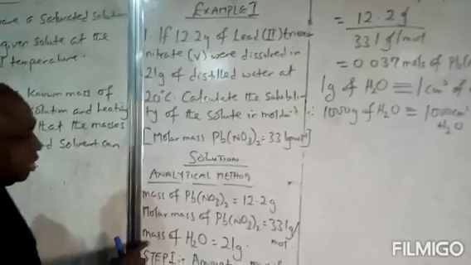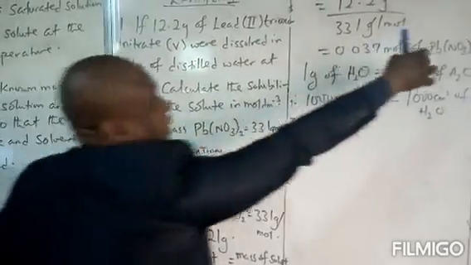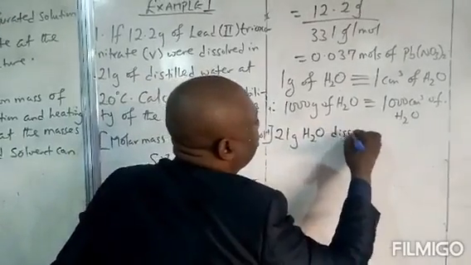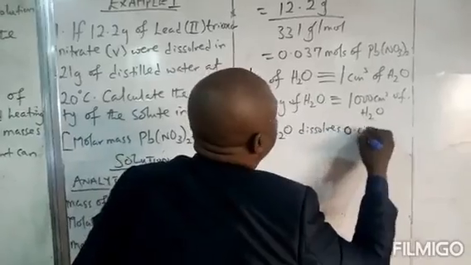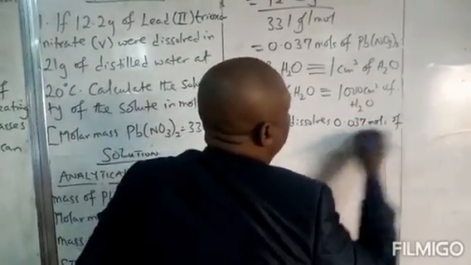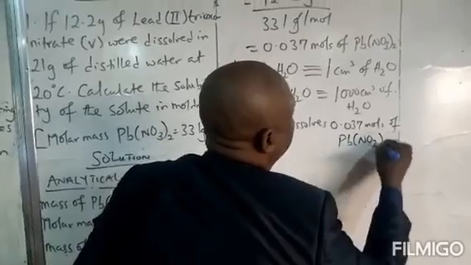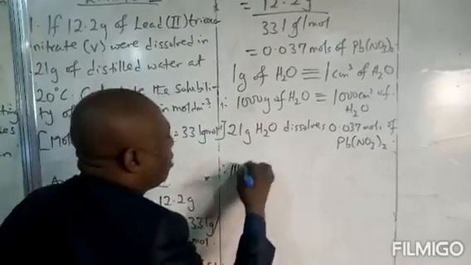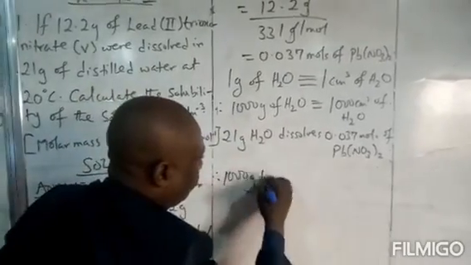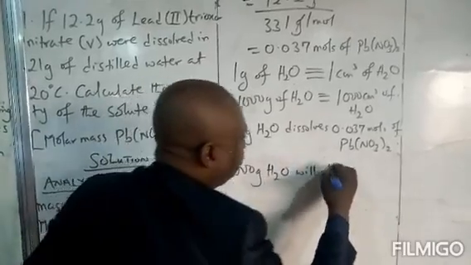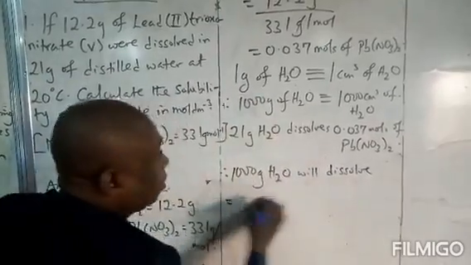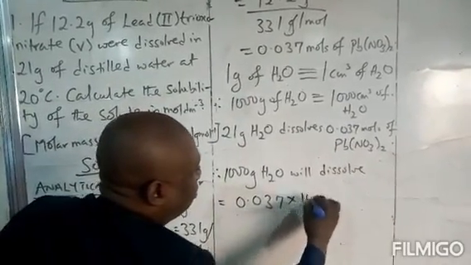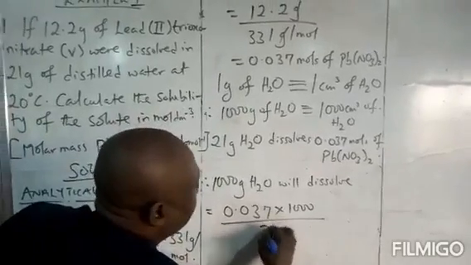Now, if we go analytically, we are saying that 21 grams of water dissolves 0.037 mole of Pb(NO3)2. So what will 1,000 grams give us? 1,000 grams will dissolve this times this divided by that, over 21.